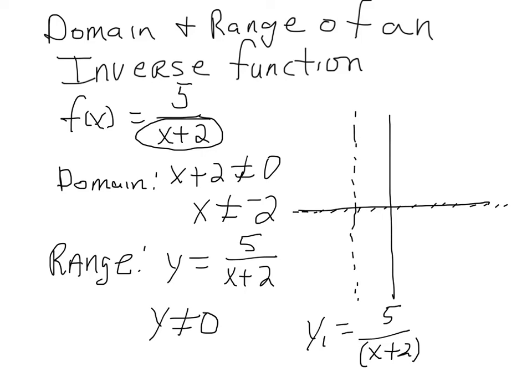Those dotted lines represent asymptotes. And your graph is a hyperbola that approaches those asymptotes but never crosses it.